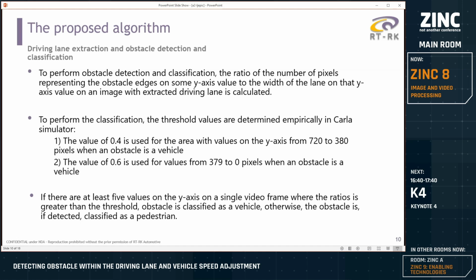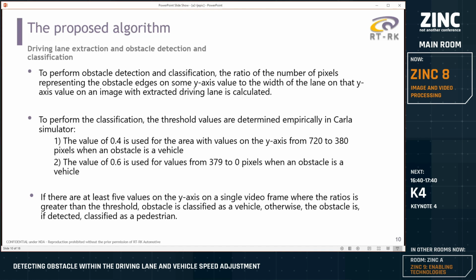The first part is closer to our vehicle, where the obstacle is larger, so we used a smaller threshold for the ratio I mentioned in the first point. At further distances from the obstacle, we increased that threshold.